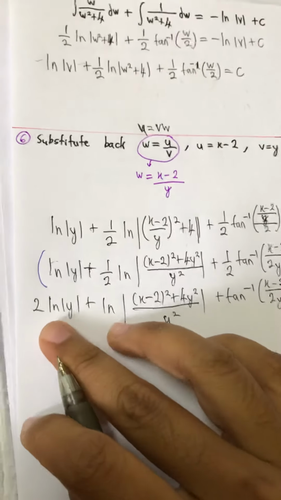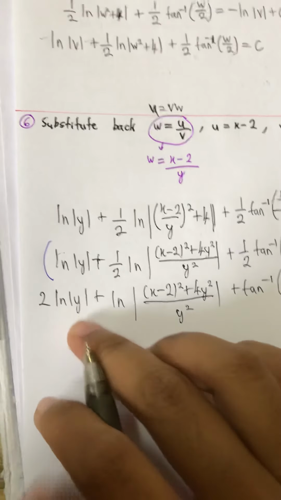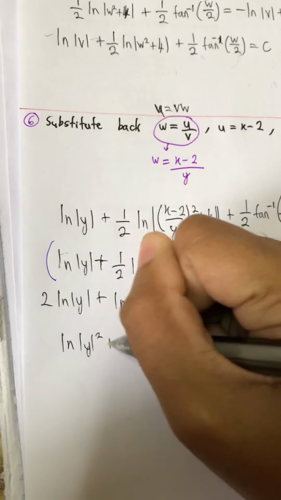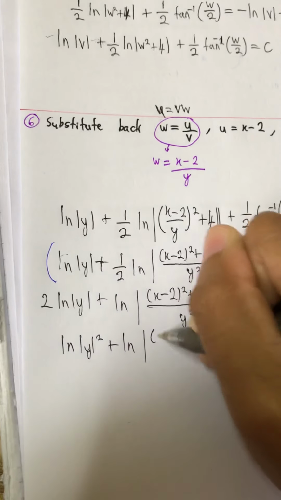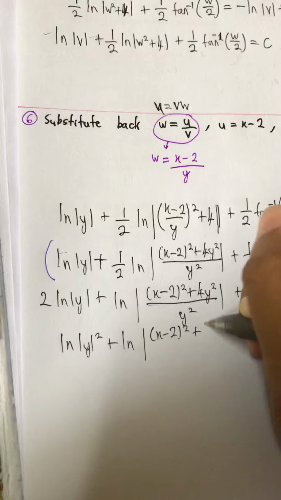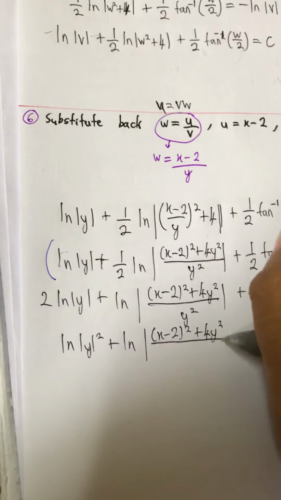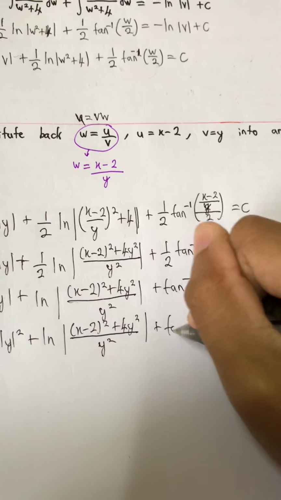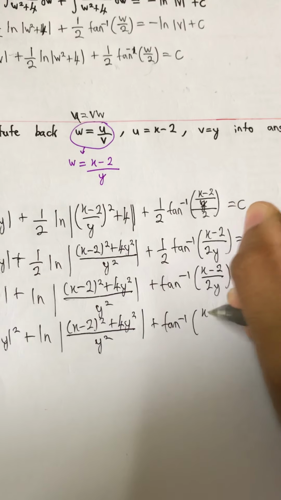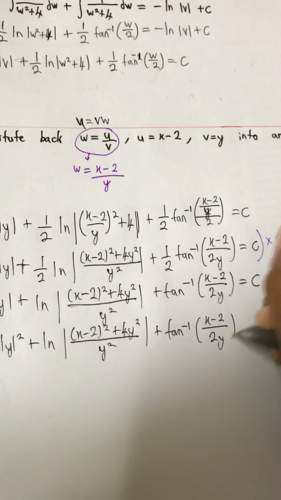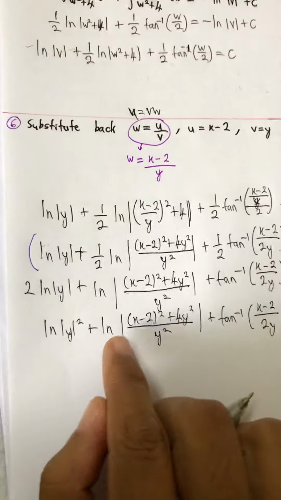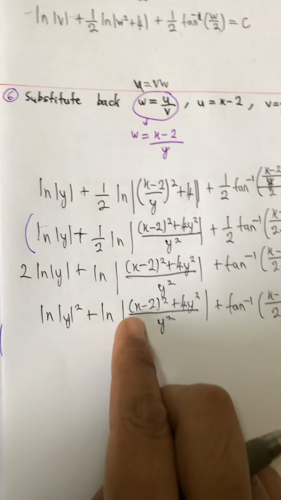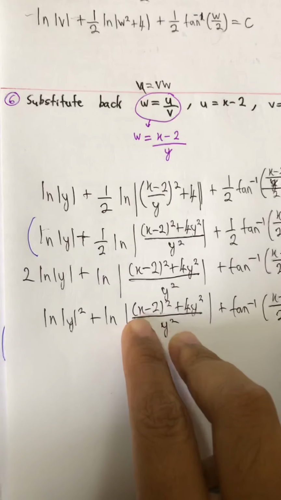So by the properties of ln, 2 ln y is actually ln of y², so plus ln(((x − 2)² + 4y²)/y²) plus tan⁻¹((x − 2)/2y) equal to c. So note here is ln and ln. By the properties of ln, ln plus ln is actually the ln of the product.